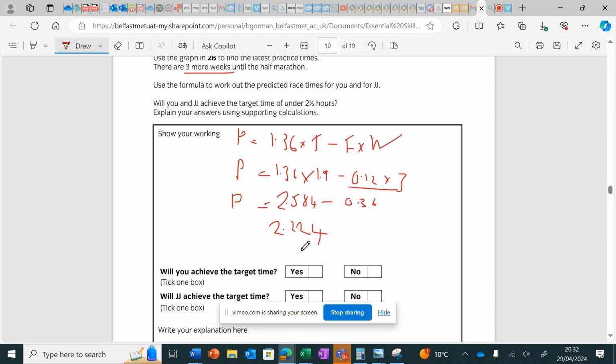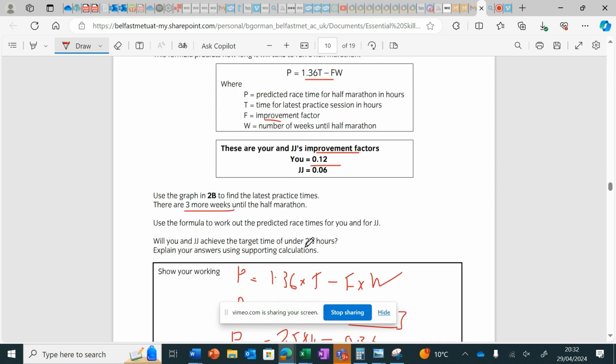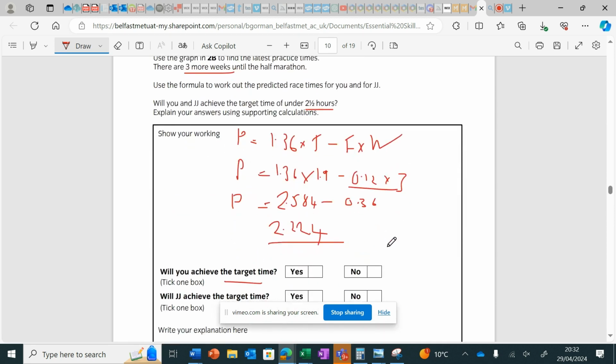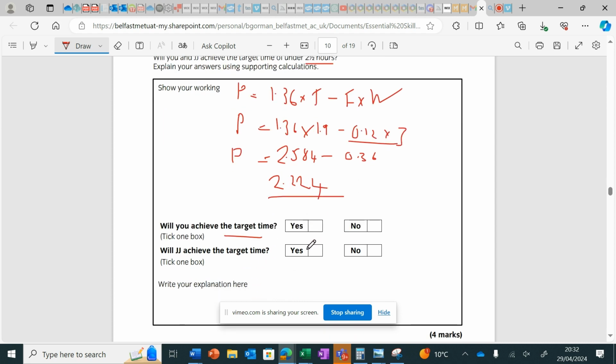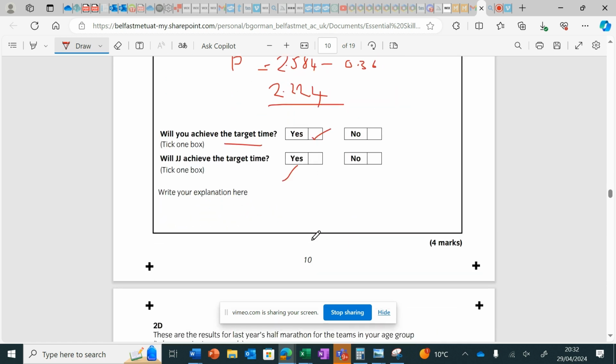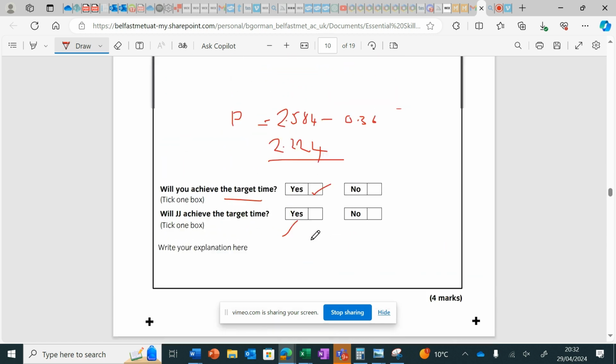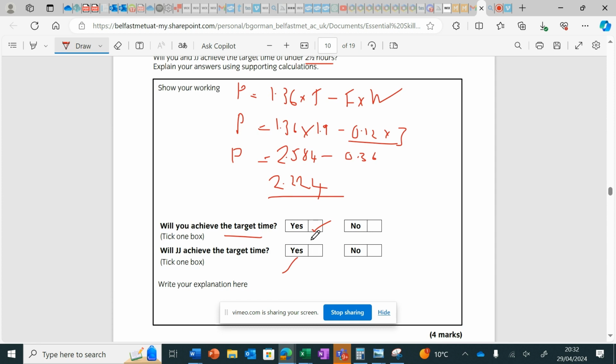Then you answer the question. I'll do the first person, and once you show the first person, you should be able to do the second. So will you achieve the target time? Well, the target time was 2.5 hours, and 2.224 is just under 2.5, slightly under there. So yes, you would achieve the target time. As you would say, it's under the 2.5 hours time limit.